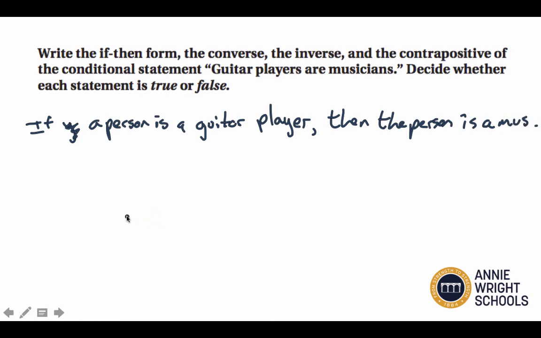And I'm abbreviating just because I'm running out of space. So, hypothesis: a person is a guitar player. Conclusion: the person is a musician.